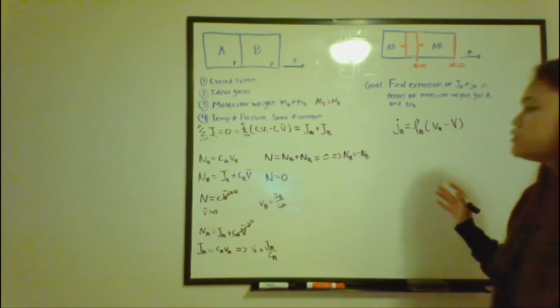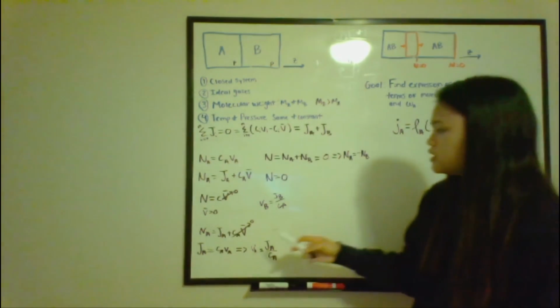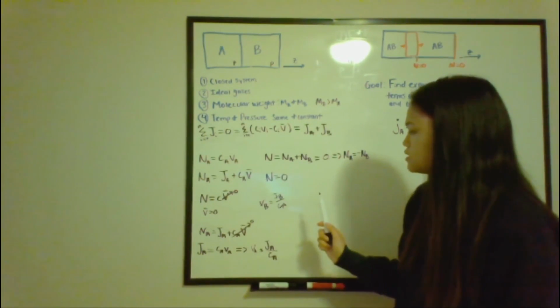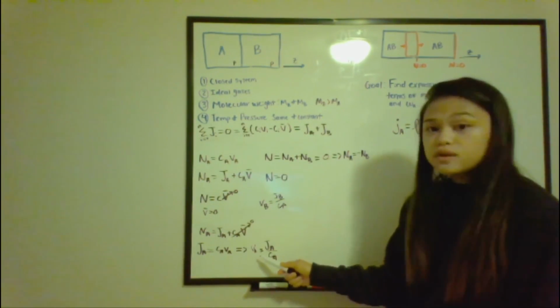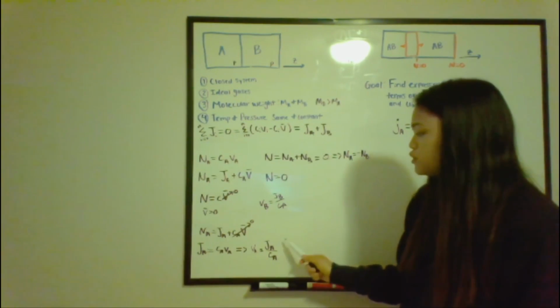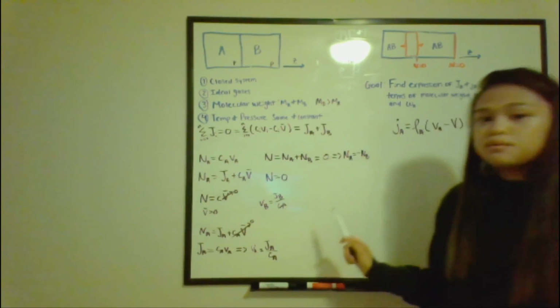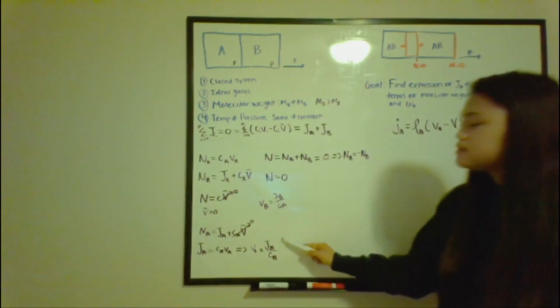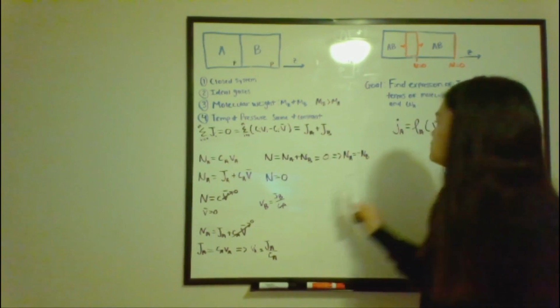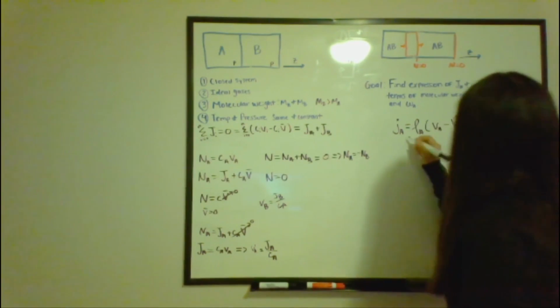So what can we do from here? Well, we already reworked this so that the velocity of component A equals the molar diffusive flux of A over the molar concentration of A. The same thing can be done for B, and we'll use that later.